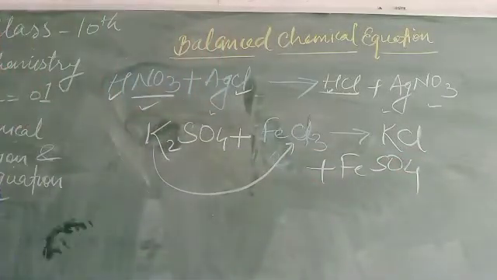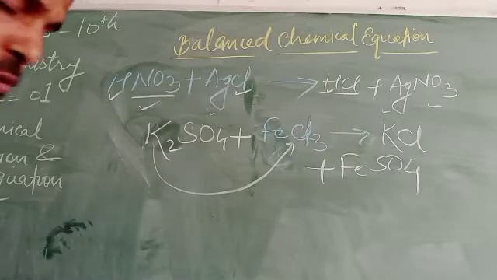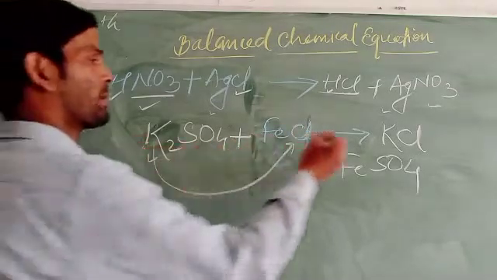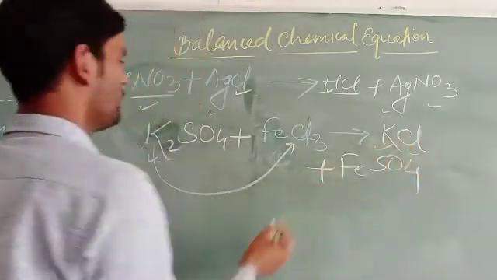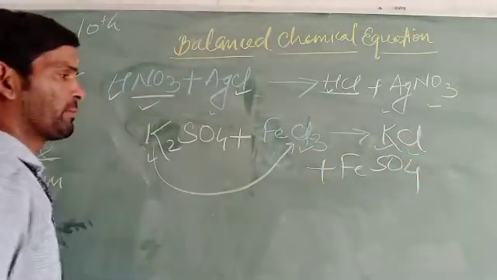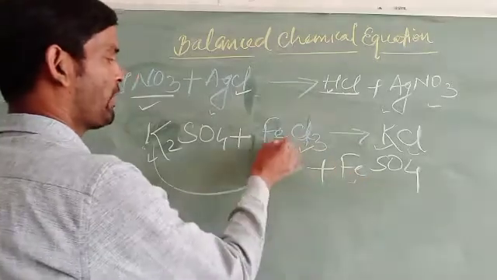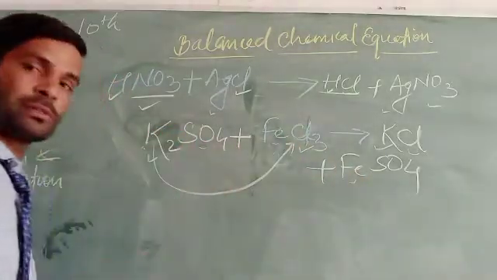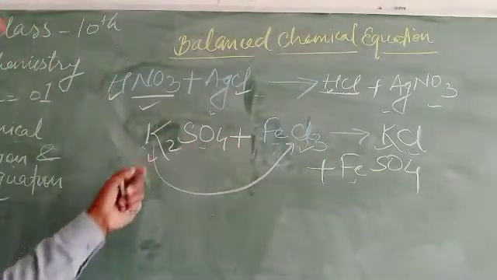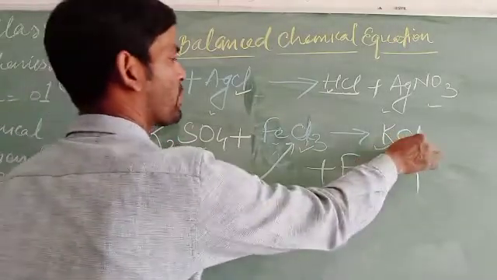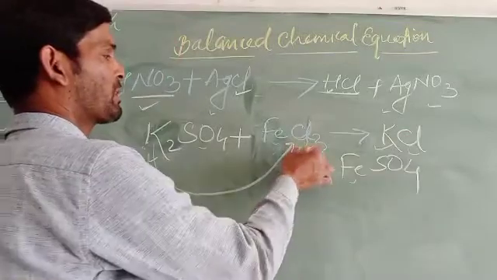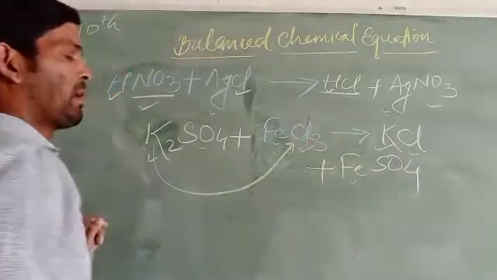But here are 2 molecules of potassium, and here is a single molecule of potassium. Here is 1 molecule of chlorine, here are 3 molecules of chlorine. Here is Fe 1 molecule, sulfate 1 molecule, that is okay. But in case of potassium, here are 2 molecules of potassium. Cl is 3 molecules.